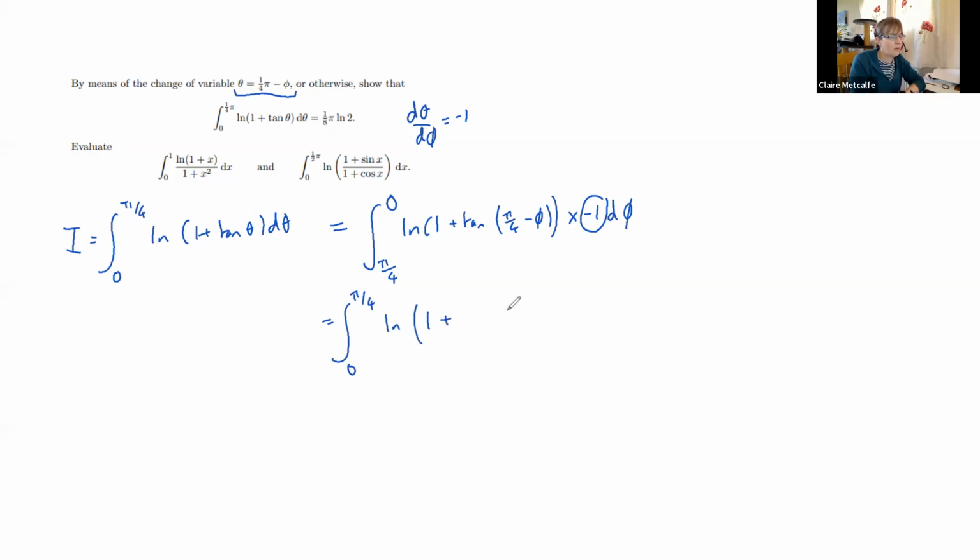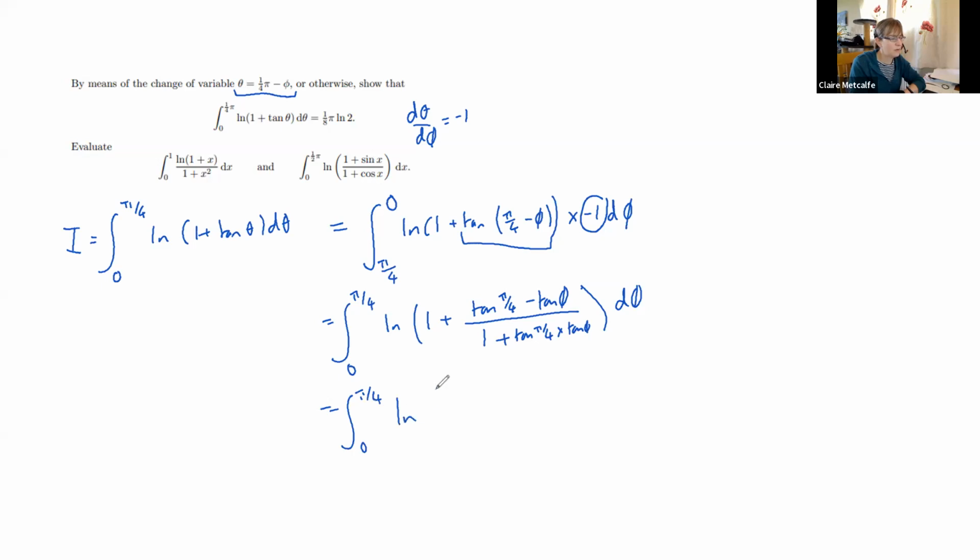And then in here, we can use the tan addition formula. So this is tan pi by 4 minus tan phi all over 1 plus tan pi by 4 multiplied by tan phi. So that's using the addition formula on tan of a minus b. Okay, we can simplify this a bit because we actually know what tan pi by 4 is.